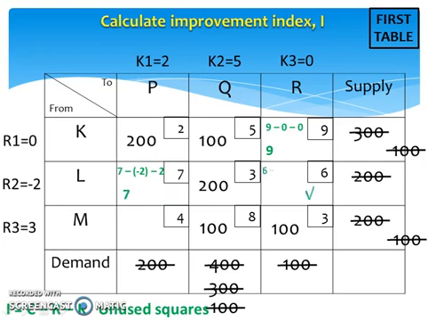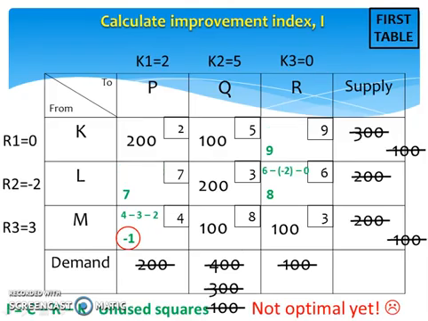Next, here we have 6 minus negative 2 minus 0, so we get improvement index equals 8. And finally, here we have 4 minus 3 minus 2, so we get improvement index equals negative 1. Since there exists a negative improvement index, the problem is not optimal yet.